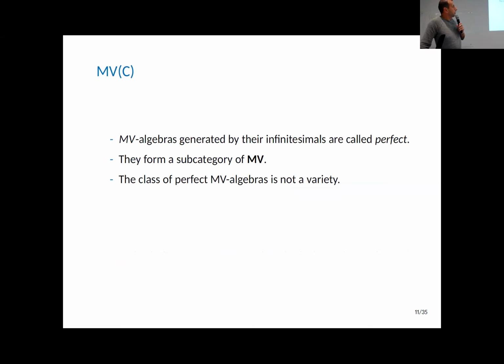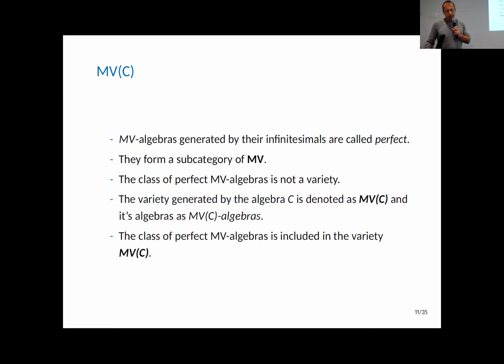These MV algebras that are generated by the infinitesimals are called perfect, and they form a subcategory of MV. It is not a subvariety, as even if we take C squared, it will not be perfect anymore. But we can take a radical and generate the algebra from it, and then we will have perfect subalgebras of it.